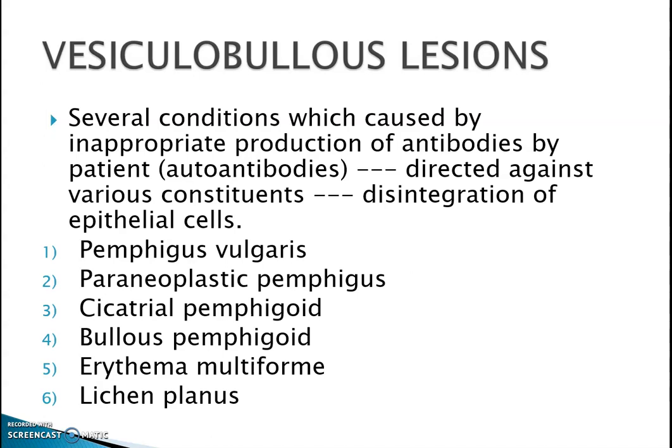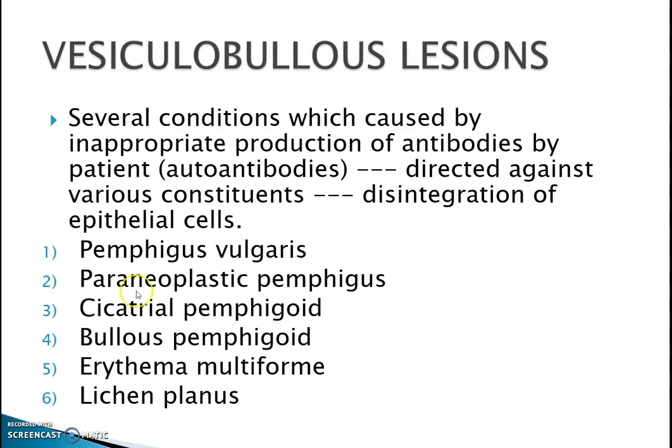Right? So you notice that we know about lichen planus, we know about erythema multiforme, and this is pemphigus vulgaris, and this is also pemphigoid. So you need to differentiate. Both are vesicle bullous, but what is pemphigus and what is pemphigoid? Actually, it's histologically differentiated by where the autoantibody reactions happen.